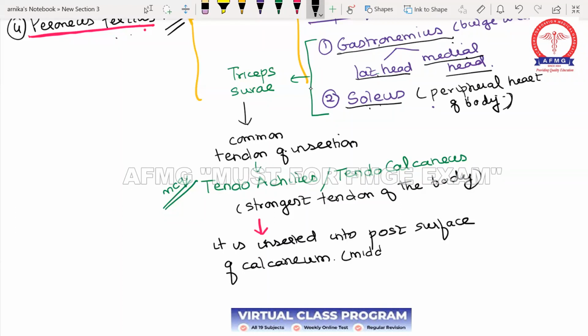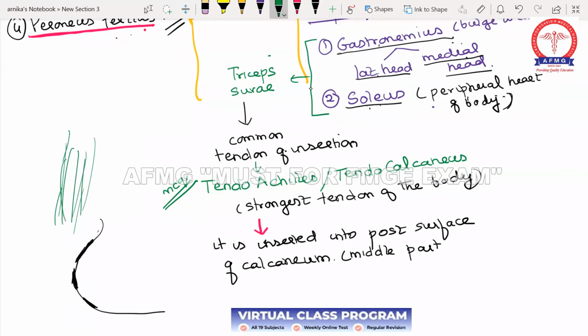If you remember, this was the calcaneum, which forms the heel. This is divided into 3 parts, upper part, middle part, and lower part. So this tendo Achilles is coming from above, the common tendon of these 3, and is inserted here.